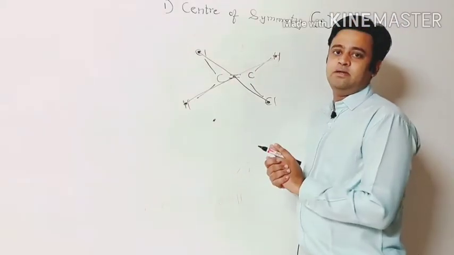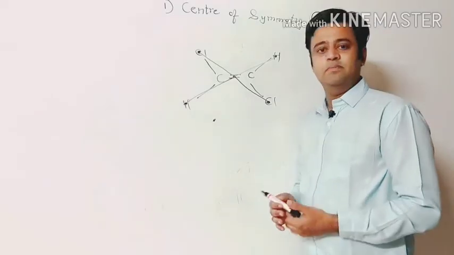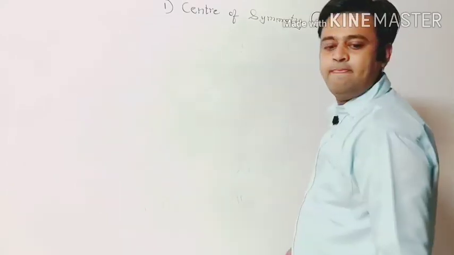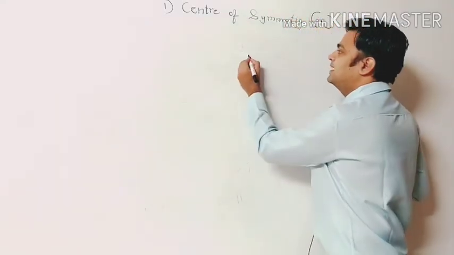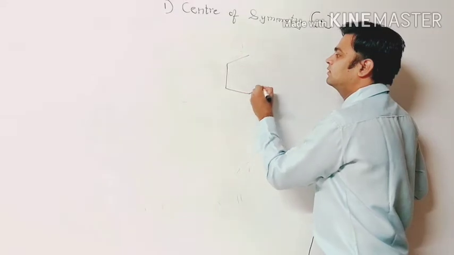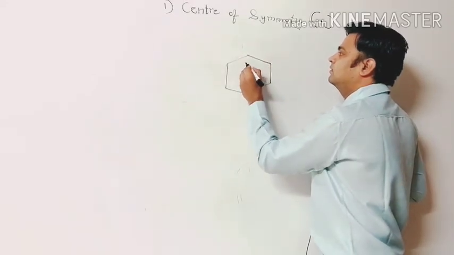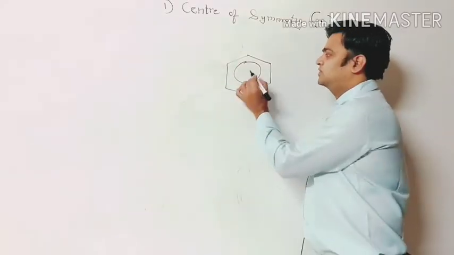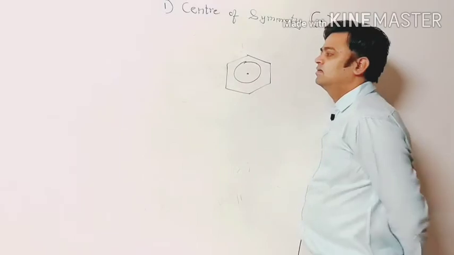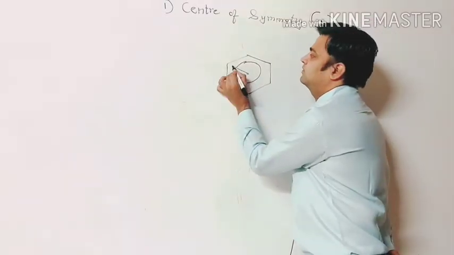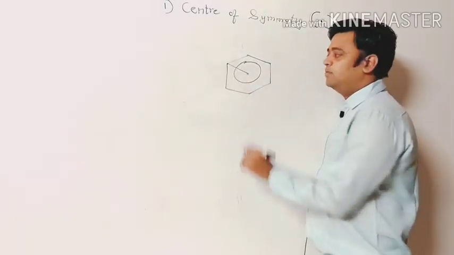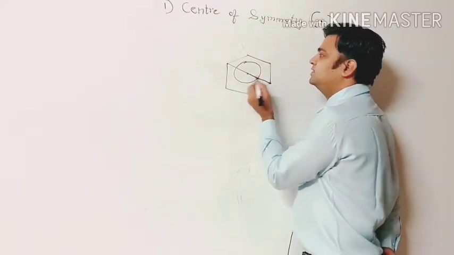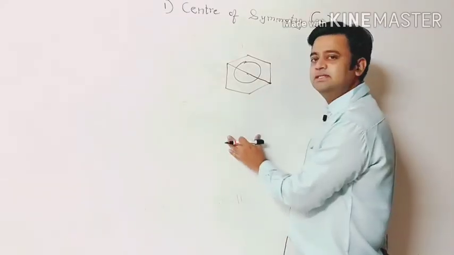Now take another example, benzene. Let's put a dot on the center. Let it travel to one of the carbons, and in the opposite direction, with the same distance, it meets the same carbon and hydrogen of the benzene.